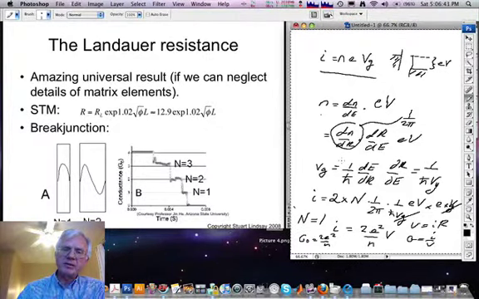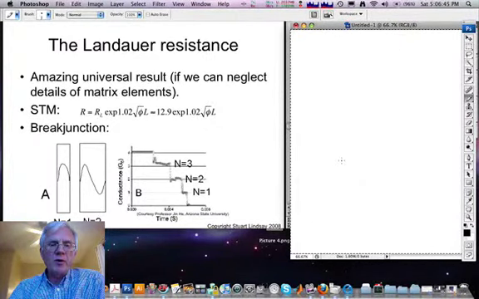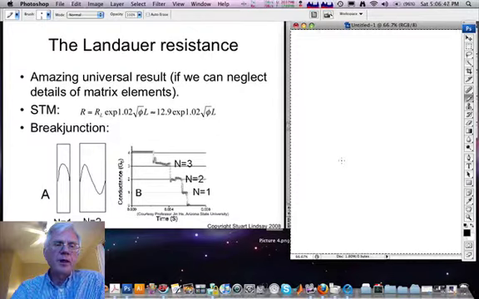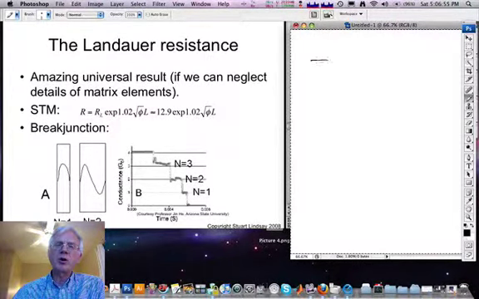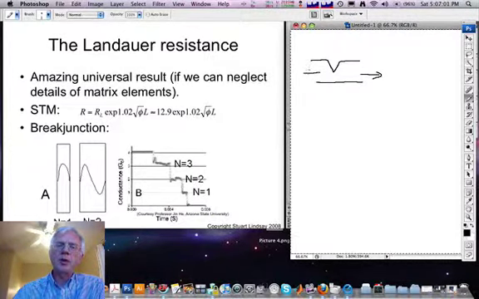So we can see this behavior in real life. One way to do this is to simply make an experiment in which we pull apart a gold wire. So we may cut a nick in a gold wire like this, and then just pull it apart. We can do this actually by advancing a gold STM probe onto a gold junction, and in gold the effect is particularly drastic.